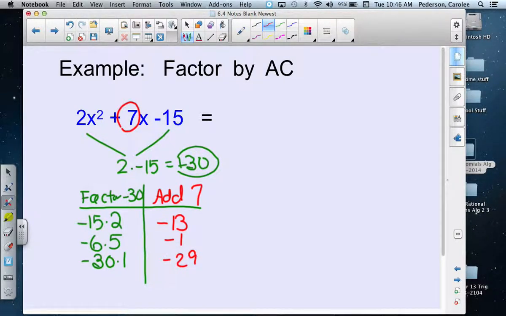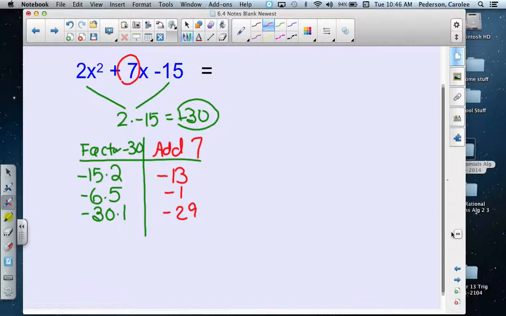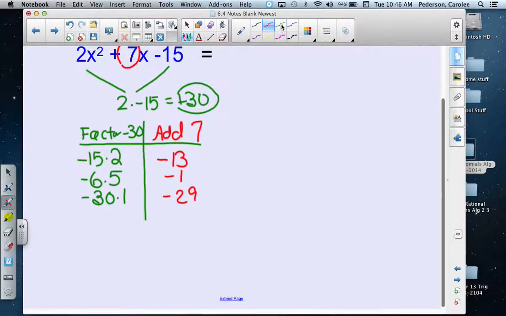We're not there yet, so we want to continue seeing if we can find any factors of negative 30 that add to 7. So you could try negative 10 times 3 or positive 10 times negative 3. When we add those together, we get negative 7 and positive 7.